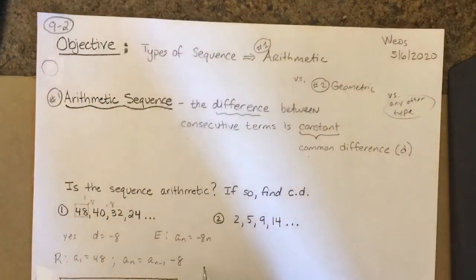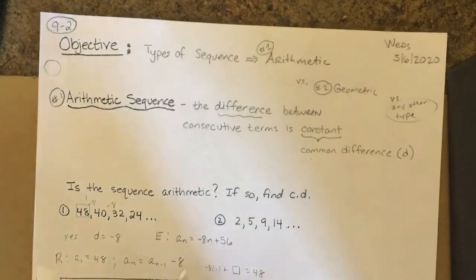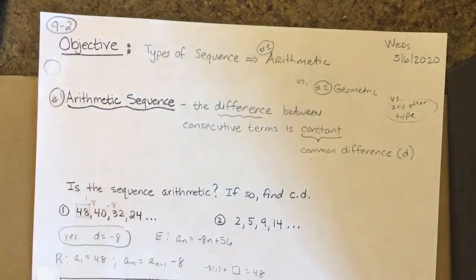If I go -8 times 1, right, what do I need to add to get up to that first term of 48? Well, just 48 plus 8, I've got to add 56. All right? And that is your explicit formula. Right? But really all it asked for was this, common difference.